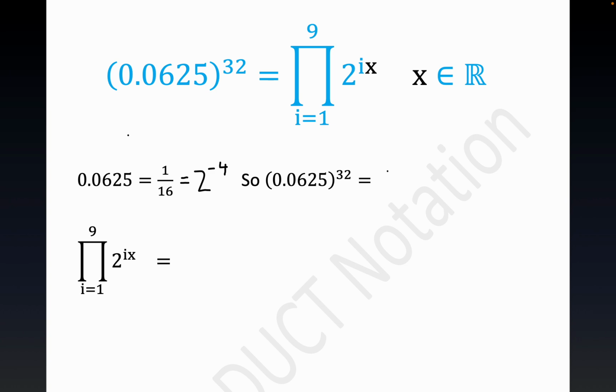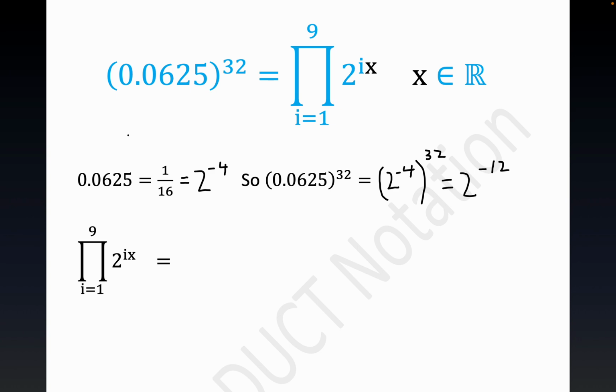Let's just write this out. It would be 2 to the minus 4 raised to the 32nd power, equals 2 to the minus 128.